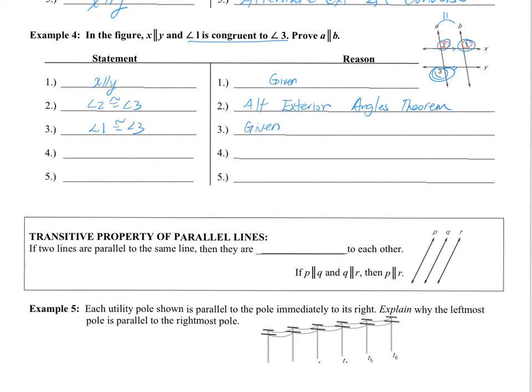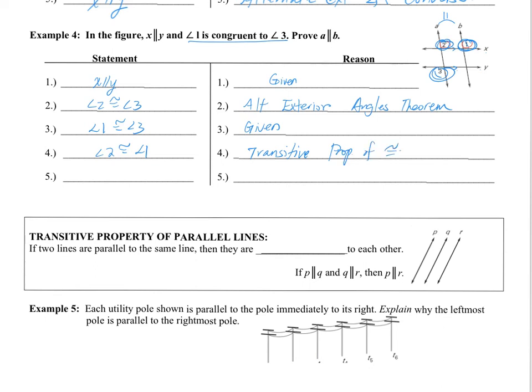And now by the transitive property, I can state that angle 2 is congruent to angle 1, which was what I wanted in the beginning. Transitive property of congruence.